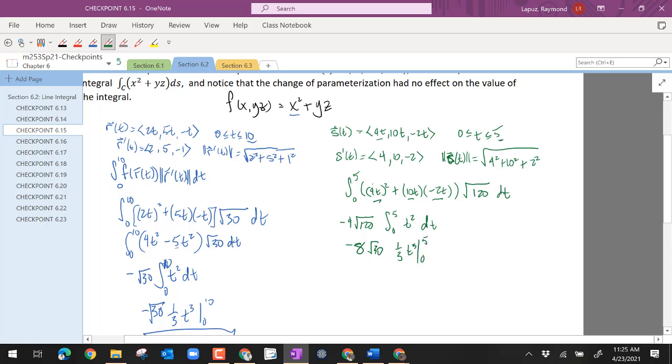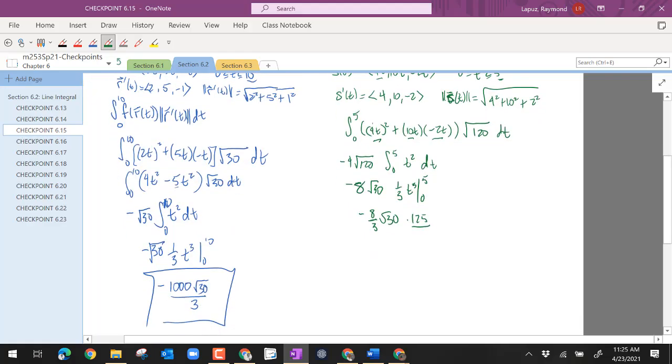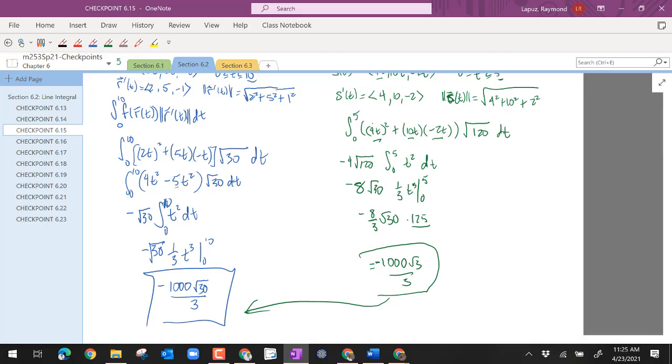And this would be negative 8/3 root 30. And 5 times 5 is 25, times 5 is 125. So 125 times 8 turns out to be 1,000. And that matches with our previous one, so it looks like it's all good.